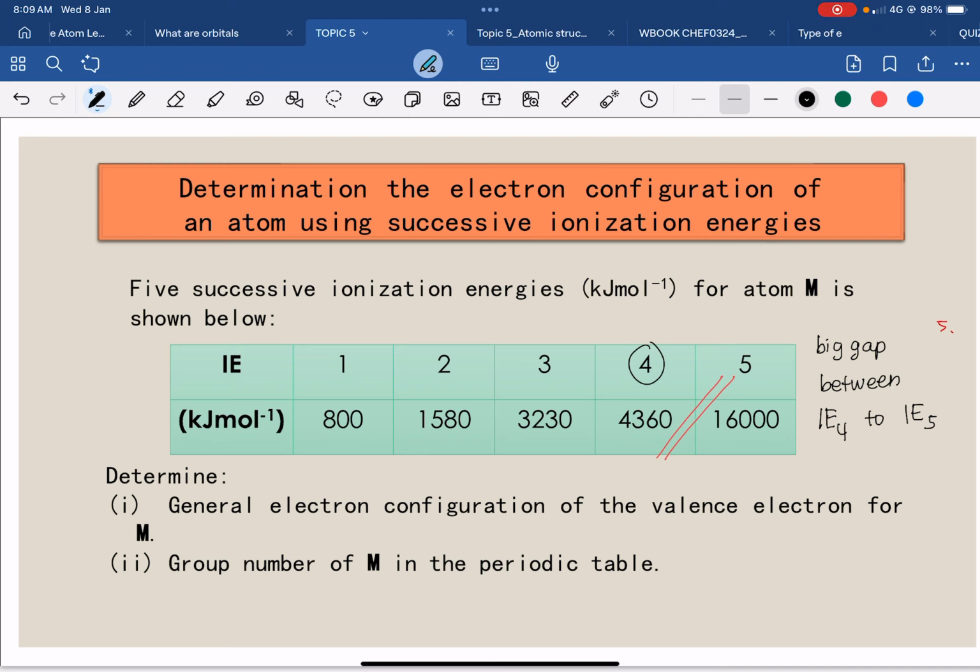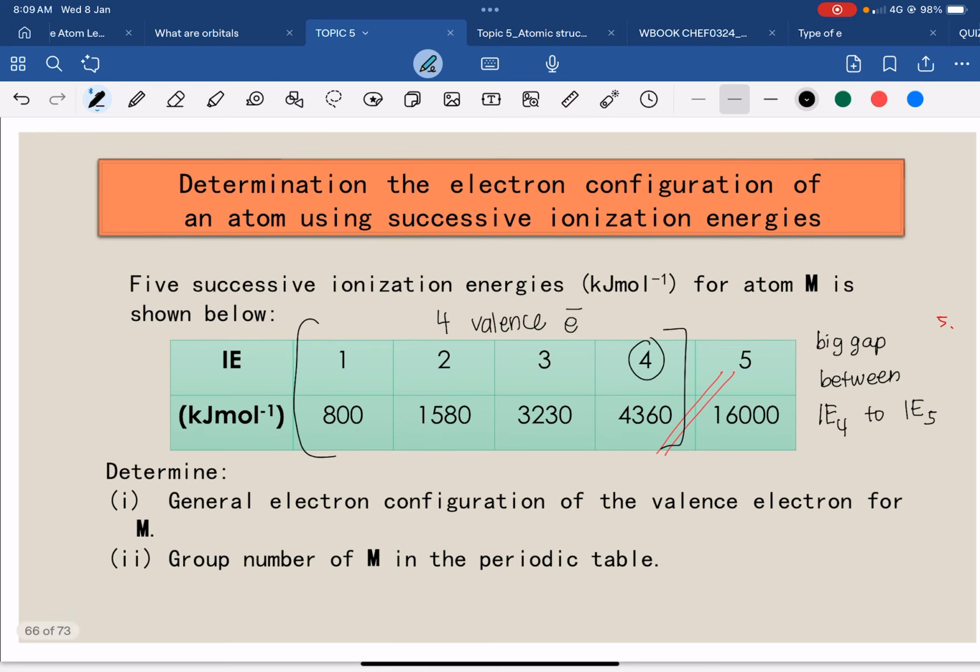So ada berapa banyak valence elektron? Valence elektron kita ataupun elektron yang terletak kat luar sekali ada 4 valence elektron. So the 5th electron comes from inner electron. Okay, so these are the information that we can get from the data.